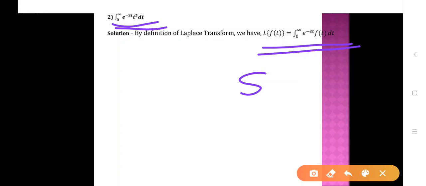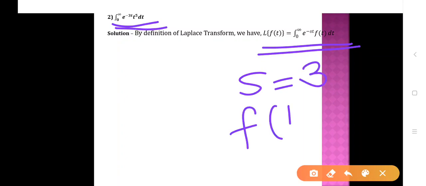Solution, same procedure. First you have to write the definition of Laplace transform and its corresponding mathematical form. L of f of t equal to integration from 0 to infinity e raised to minus st f of t dt.